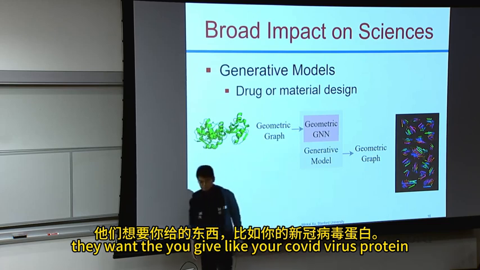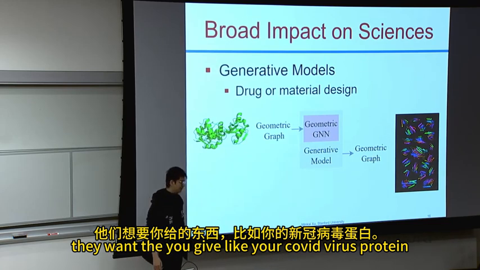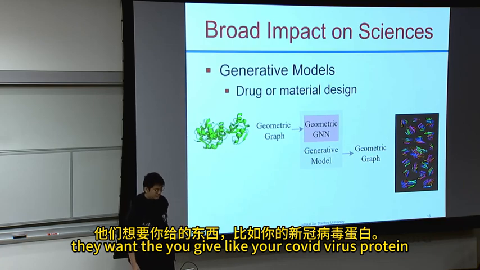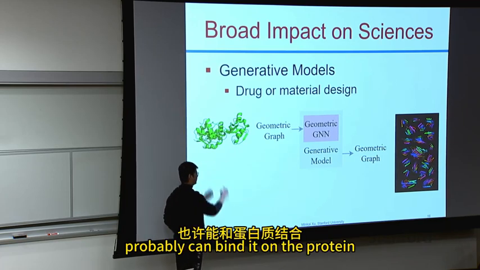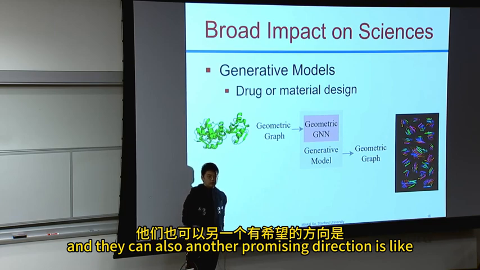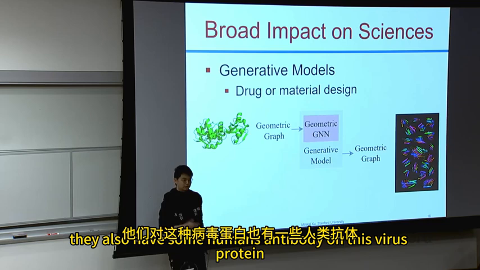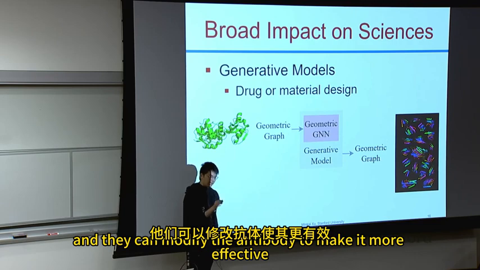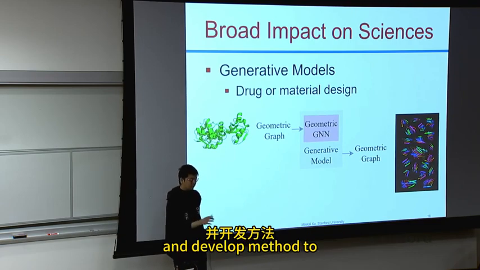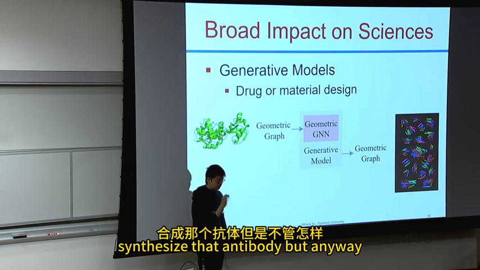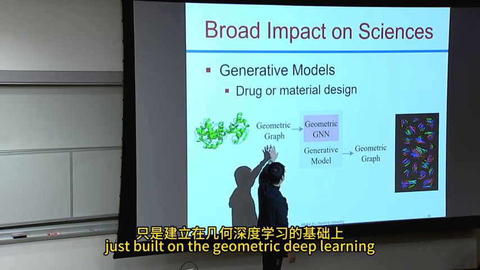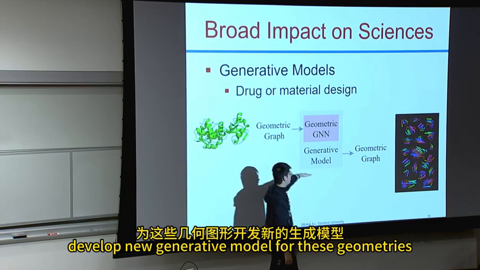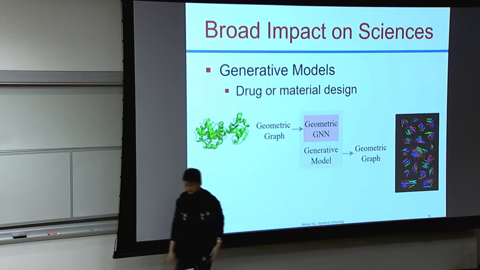Given your COVID virus protein, they can generate some molecule that can probably bind on the protein. Another promising direction is that they also have some human antibody on this virus protein, and they can modify the antibody to make it more effective and develop a method to synthesize that antibody. But anyway, it is built on geometric deep learning, developing a new generative model for these geometries.